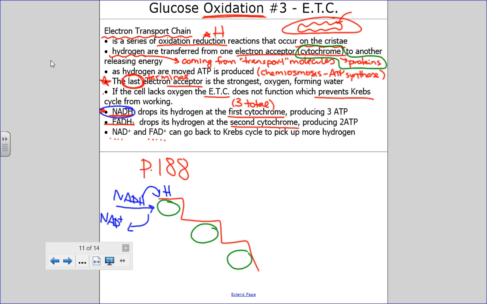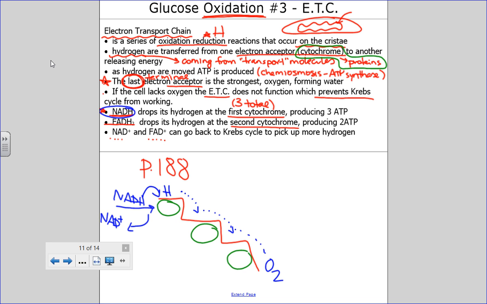Now, since this hydrogen has to move 1, 2, 3 times to get all the way down to oxygen, which is the last acceptor after it's gone through the proteins, each time it moves, eventually an ATP is going to get made.